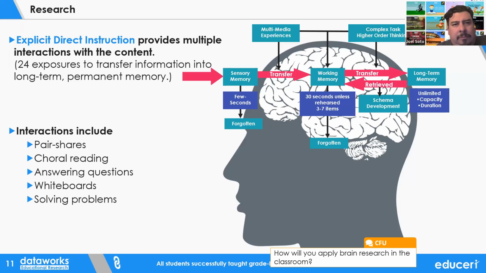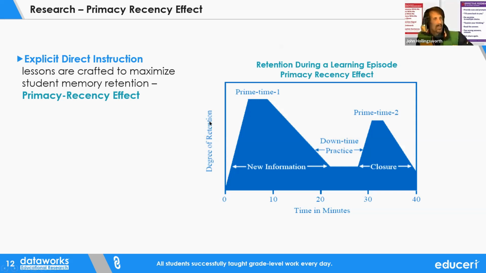Primacy, recency effect. Okay, this is some brain research. If you have a 40-minute lesson, the students tend to remember the first things you said at the beginning of the class. It kind of clicks early on, something you said early on. And they tend to remember what they heard at the end.